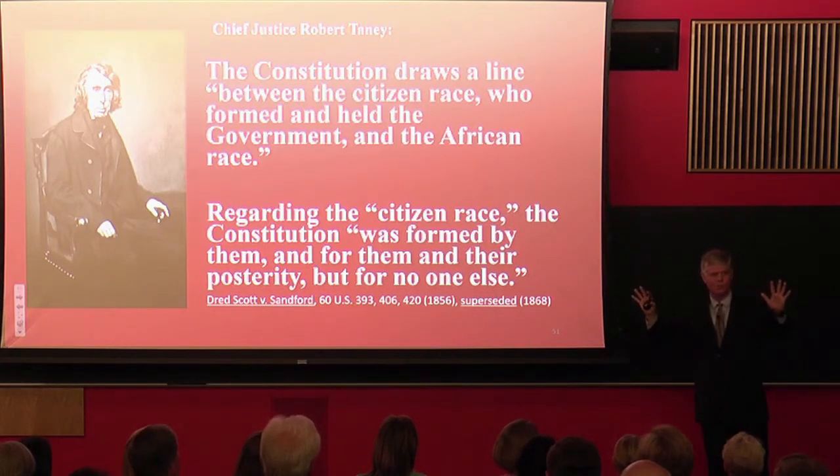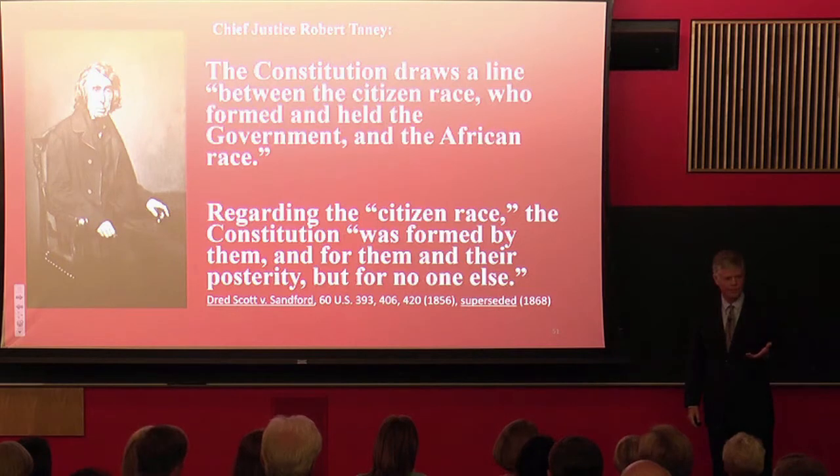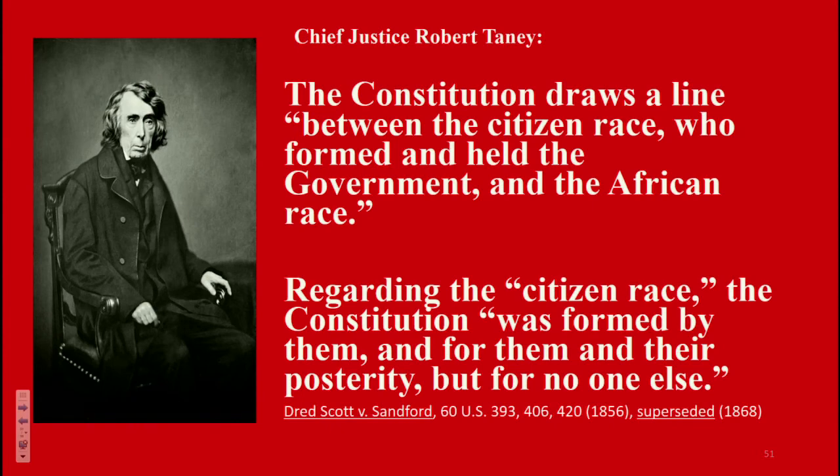But here's the wonderful part. In 1868, with the adoption of the 14th Amendment, the people of the United States, not the president, not the courts, not the professors, the people of the United States amended their Constitution to reject this view.